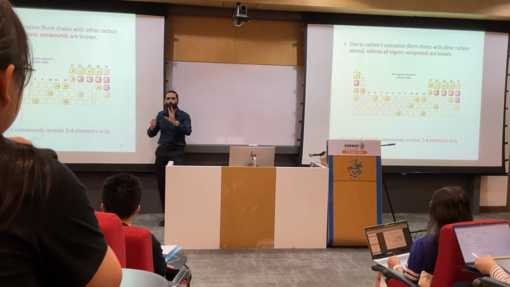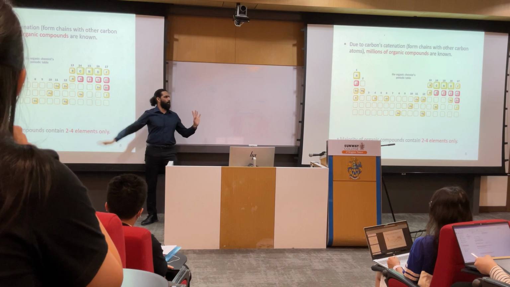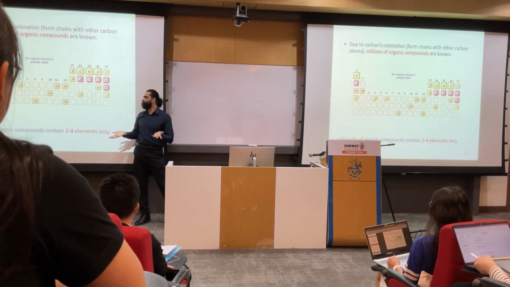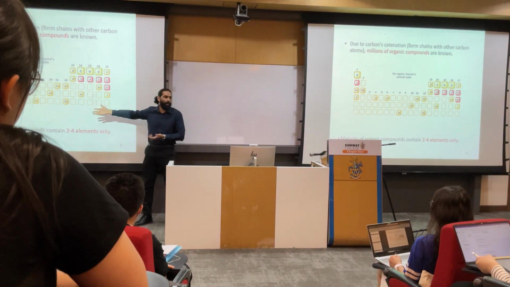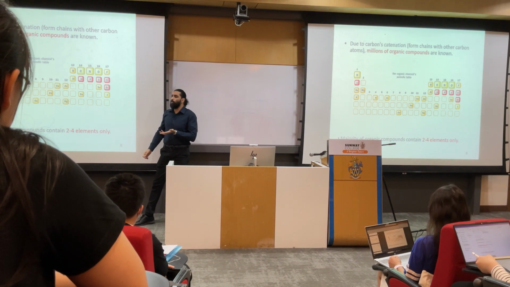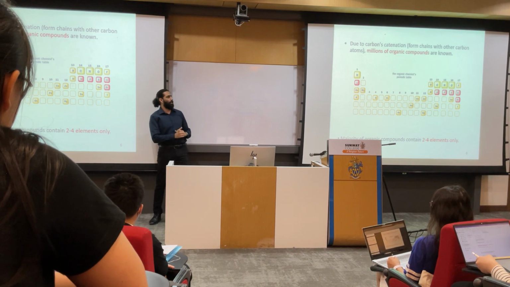No? Okay, let me rephrase my question. These are the elements for organic chemistry, right? The other elements would be the elements of inorganic chemistry, and most of the elements are actually participating in inorganic compounds. So do you think that in this world we have more organic compounds or more inorganic compounds?